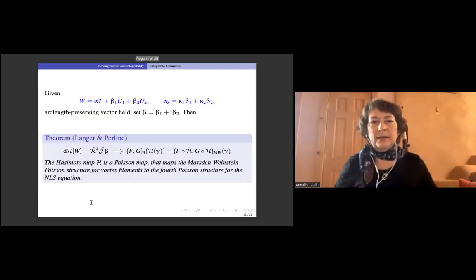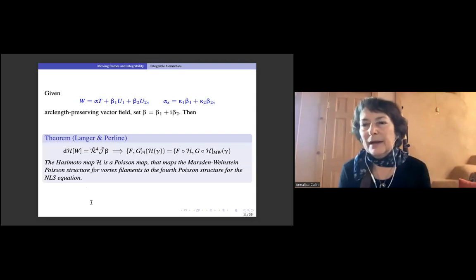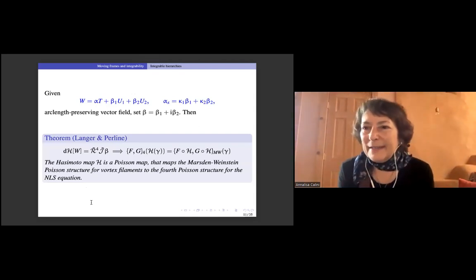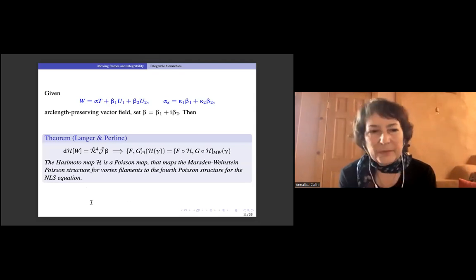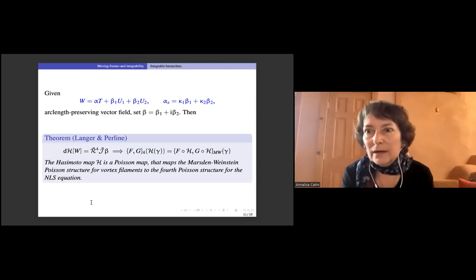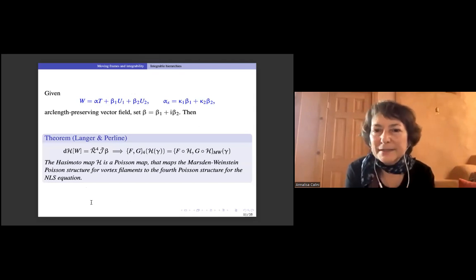Now, Langer and Perline went in depth into the analysis of the Hasimoto map. They computed its differentials. It turned out to have a fairly beautiful expression in terms of the two Poisson structures of the NLS equation.